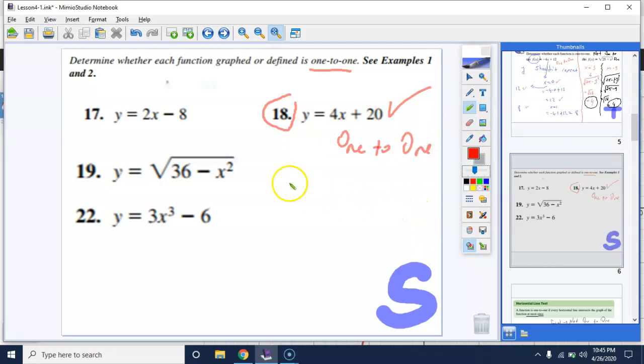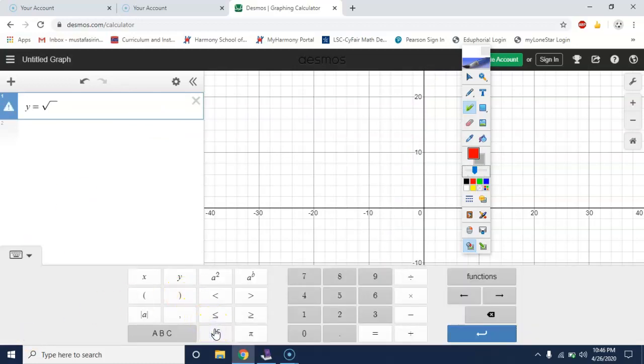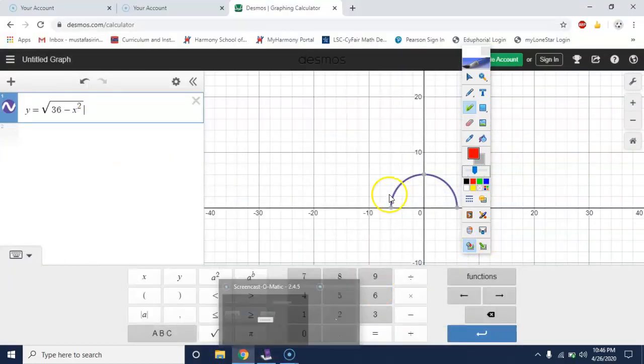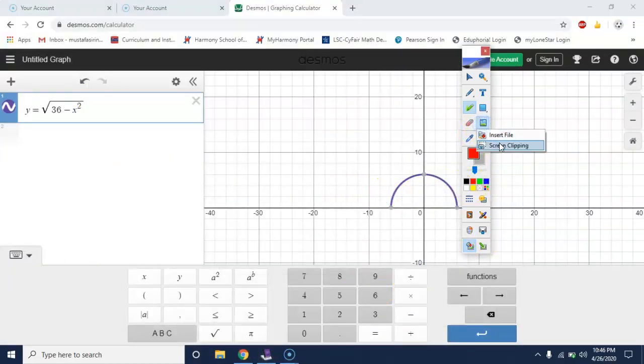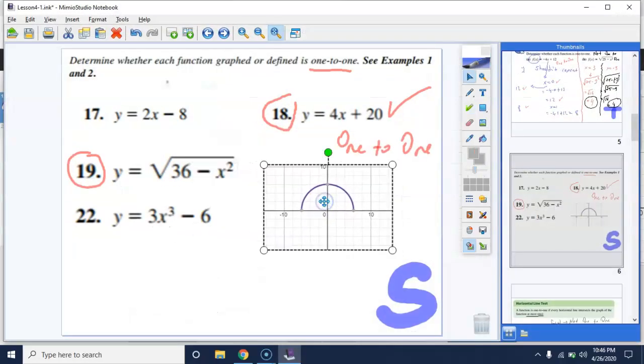All right, and let me try this one as well, but I want you to do the others. Let's say y equals square root of 36 minus x squared, right? Yep, here we are. Let me take this over here so we can see better.